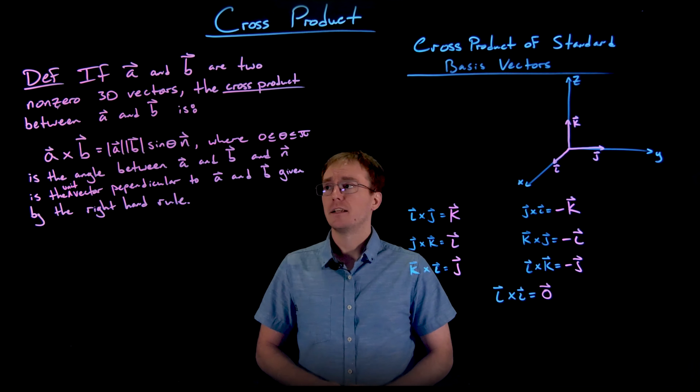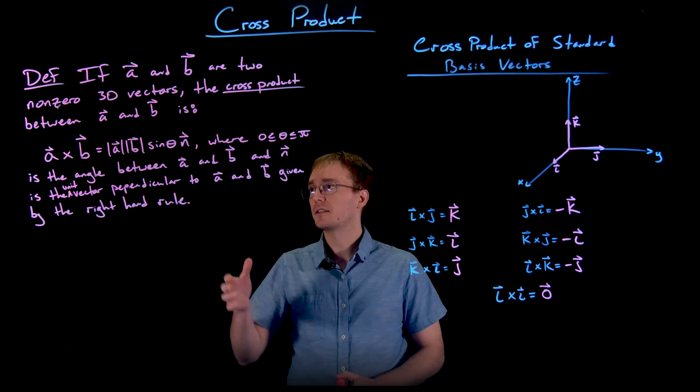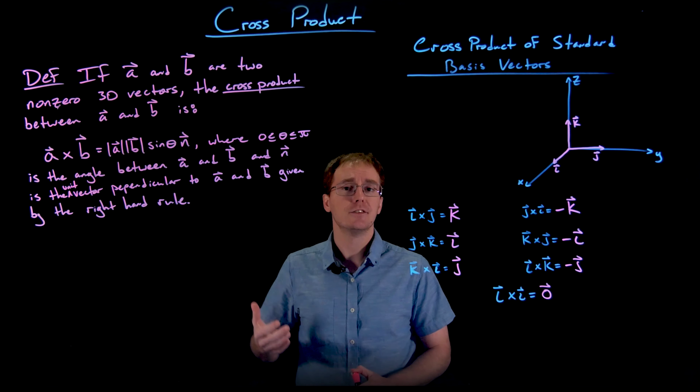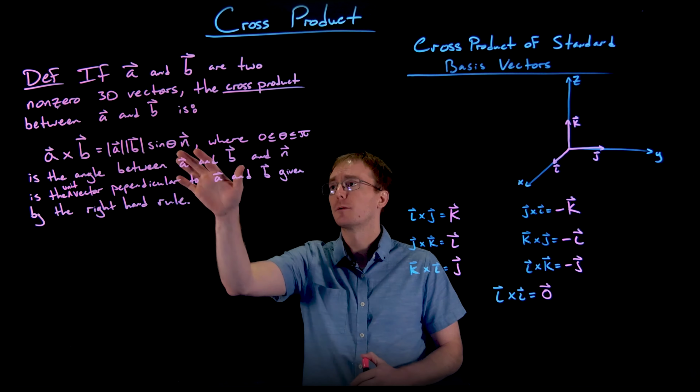And this actually makes sense if we think about our geometric interpretation of the cross product, because if the two vectors are parallel, then the angle between them is going to be a 0-degree angle, and sine of 0 degrees is 0, so that would zero out our entire cross product, multiplying whatever that n vector could possibly be by 0, making it a 0 vector.